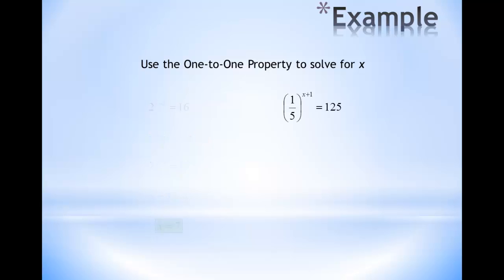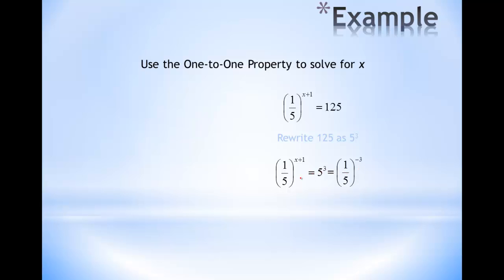Now this problem: 1/5 to the x plus 1 equals 125. Again, I want to get the same base here. I can rewrite 125 as 5 cubed. I can also redo this as 1/5 to the negative third.